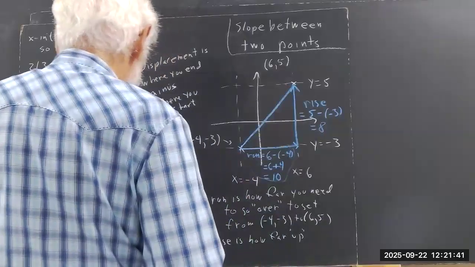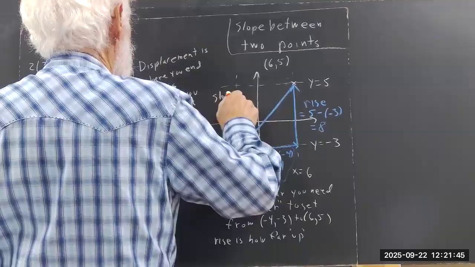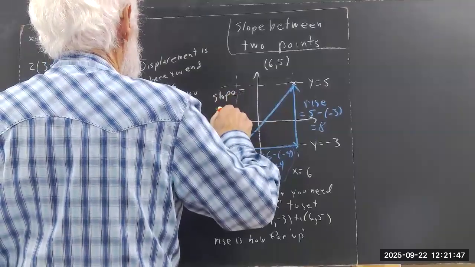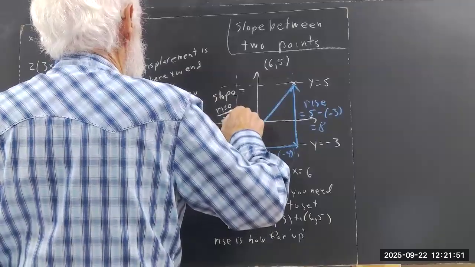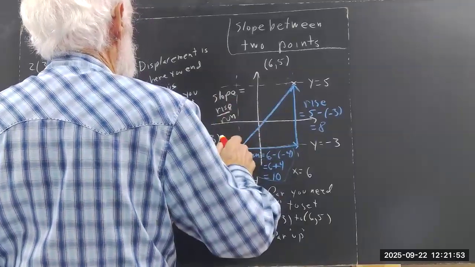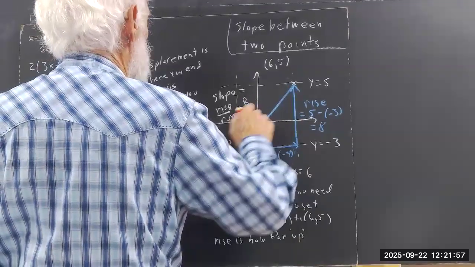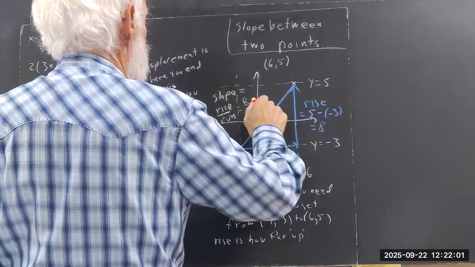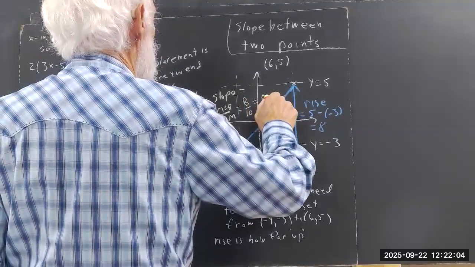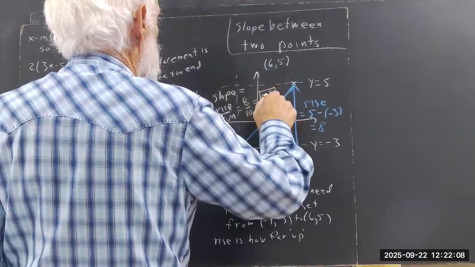So I will draw the hypotenuse and I write out what the slope is. It's rise divided by run. 8 divided by 10 is 0.8.